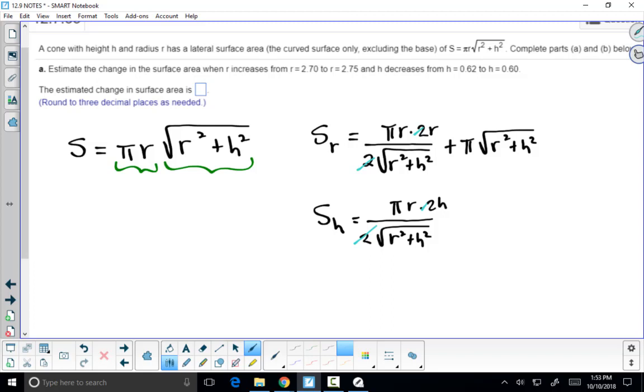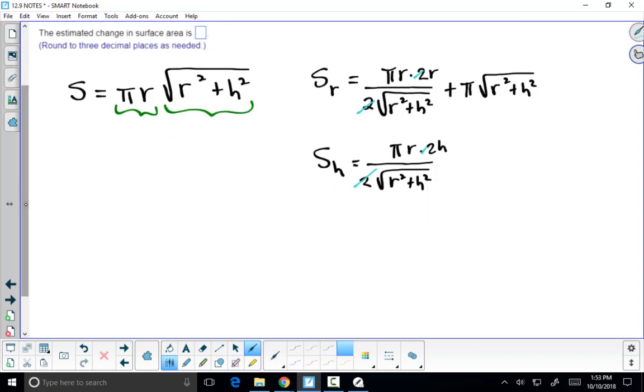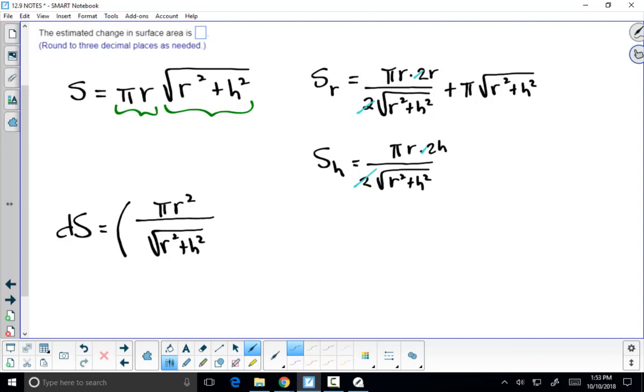So that means that the estimated change, we can write ds. So that is the change. That's going to be S sub r dr, so pi r squared divided by the square root of r squared plus h squared. All that, I guess I don't need a parenthesis there. Oh wait, I put it because we have that other term there. So yeah, let's keep the parenthesis.